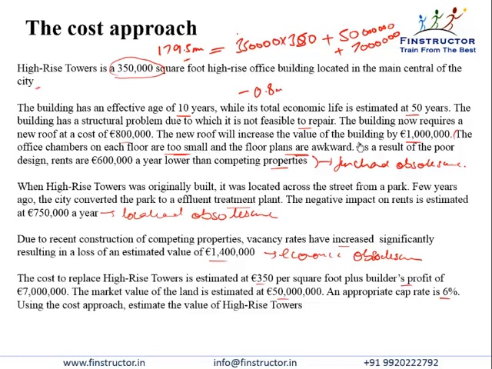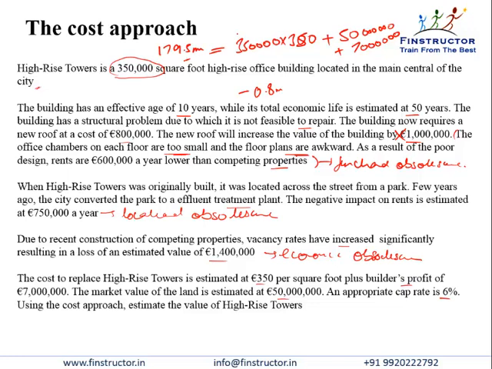The new roof will increase the value of the building by 1 million euro is irrelevant, because that 1 million euro or the current value would already be here in this 350 per square feet, because this is the value of a brand new building. It doesn't say that making this 0.8 million enhances or makes it some super building.